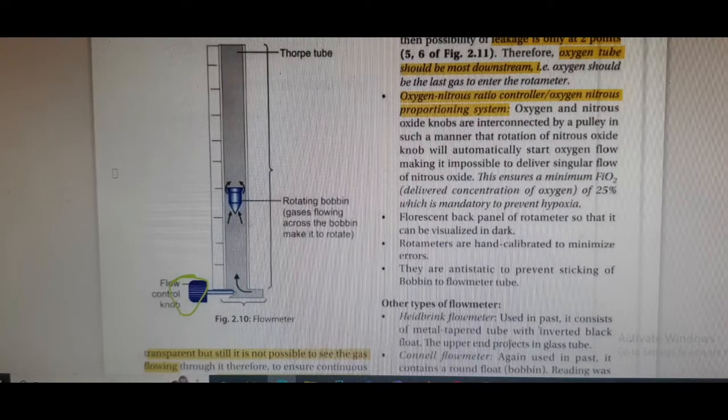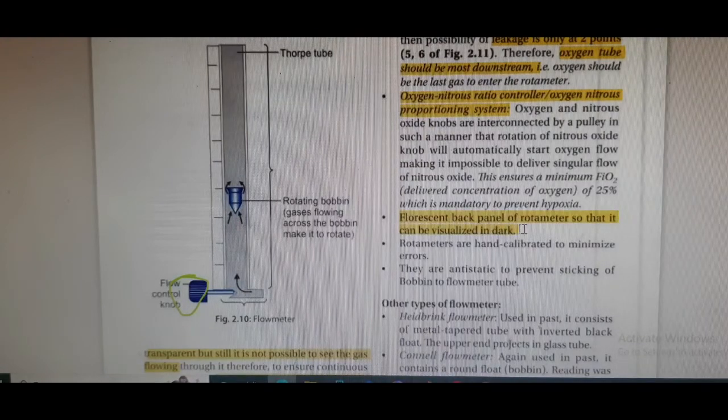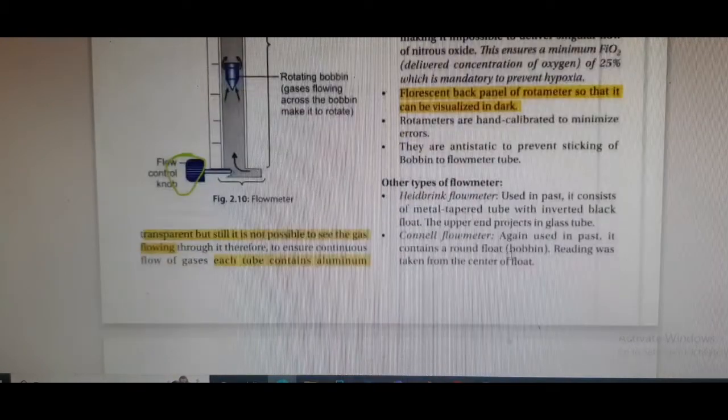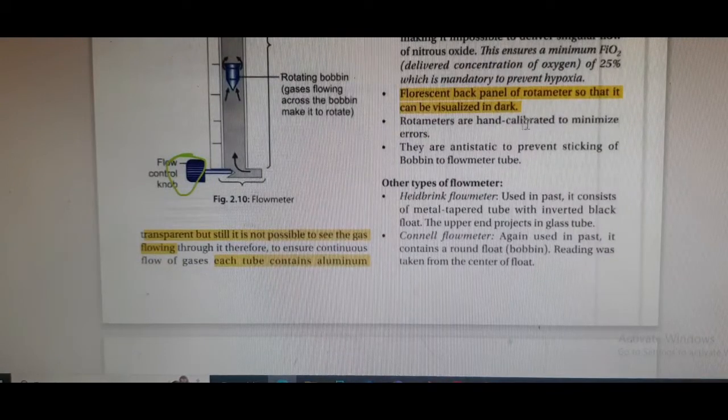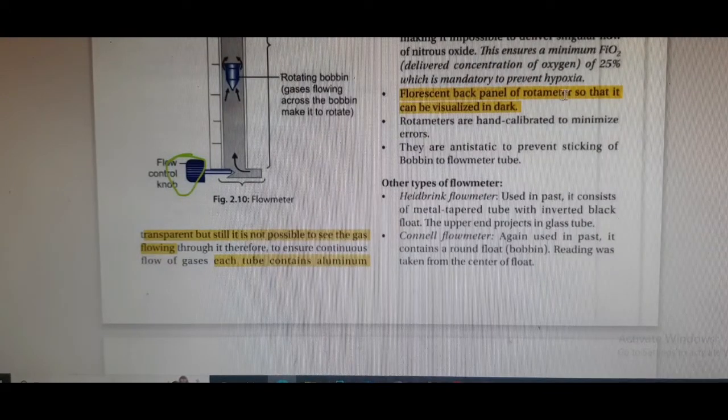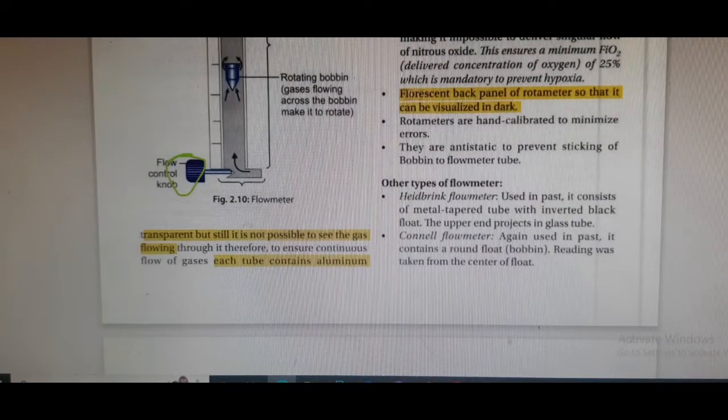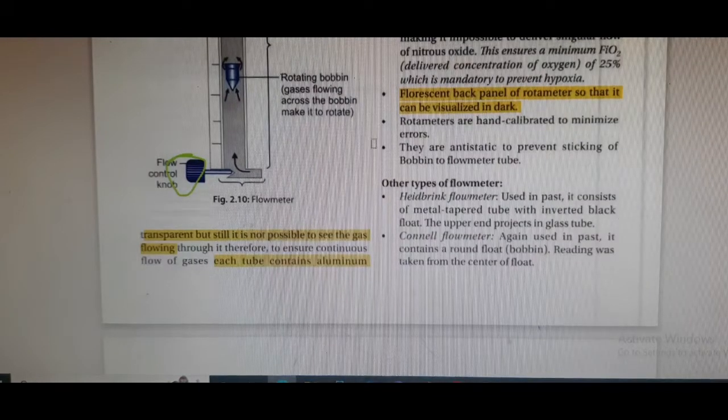Moving to the next one, which is a fluorescent back panel of the rotameter, so that it can be visualized in the dark also. In laparoscopic surgeries, you can observe that the lights are turned off in order to observe the monitor correctly. In those cases, rotameters are usually given a fluorescent back panel so that you can see the flow meters properly in the dark also.